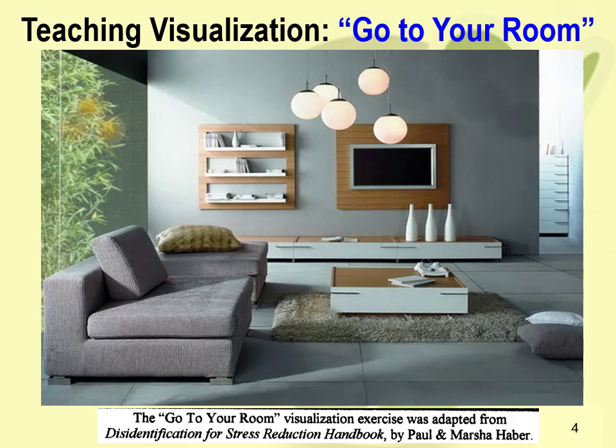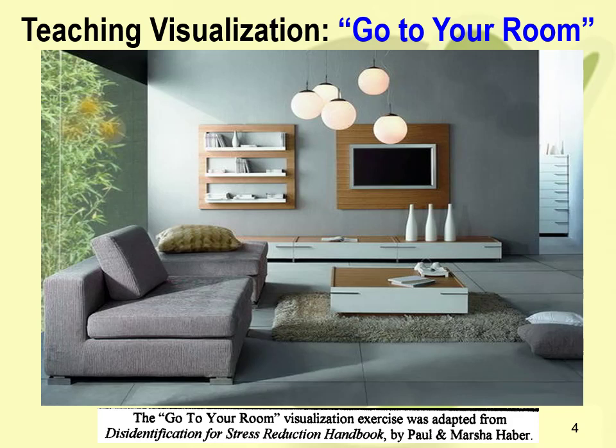So one way that I want to make sure you know how to do visualization is a little exercise I call go to your room. So go to your room in your mind. Close your eyes. Sit down. You may be in your bedroom. You could be in the Jefferson Library.